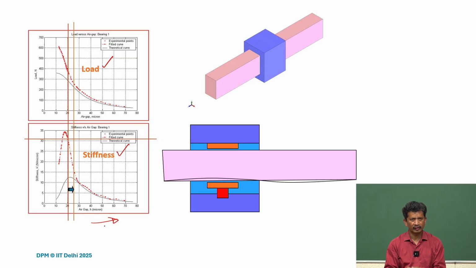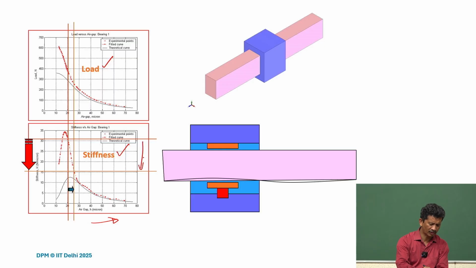If there is any change in the loading or any change in the air gap, we lose stiffness, and for high speed applications that may not be desired because it affects the whole dynamics. Sometimes this change can be very large. If you see, there is a small change in the air gap and there is a huge change in the stiffness properties.